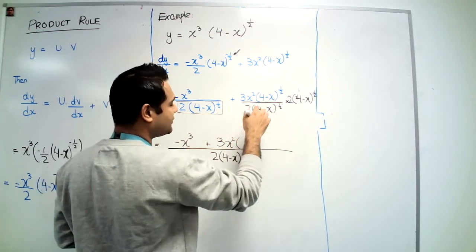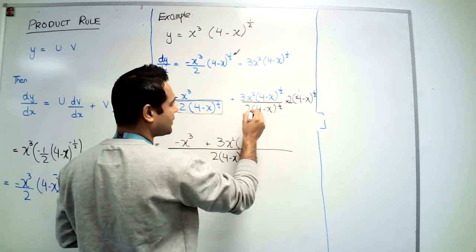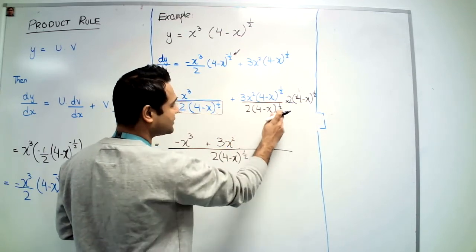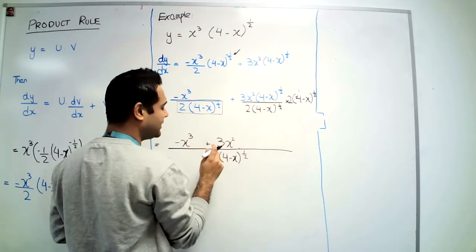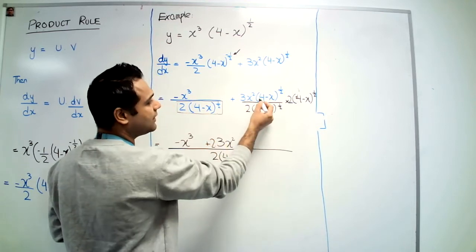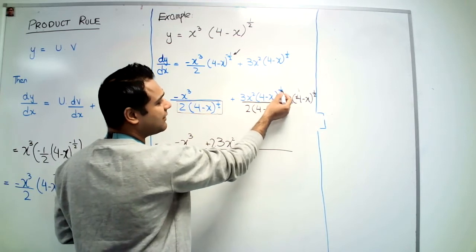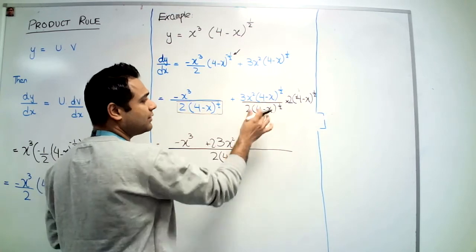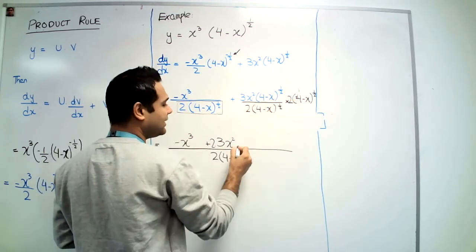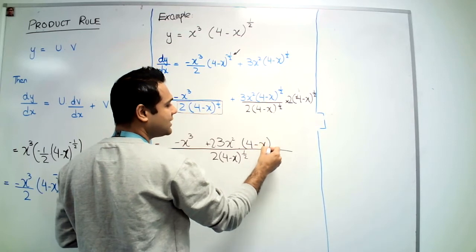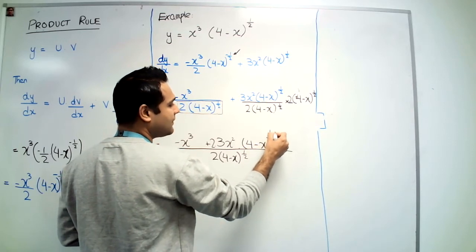Okay, before I do that, this 2 is here, so I can multiply this 2 with that 3, so 2 times 3. Now this 4 minus x is to the power half, and then there's another 4 minus x to the power half. Because they are exactly the same thing in the bracket, I can add the powers. So that will become 4 minus x to the power half plus half.